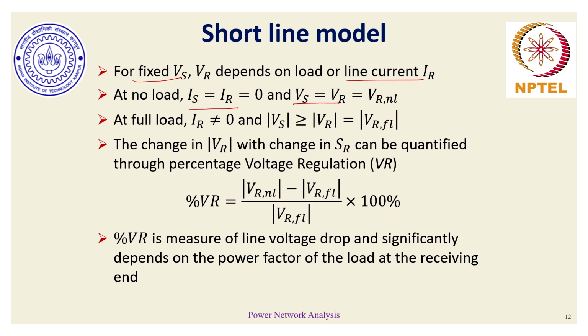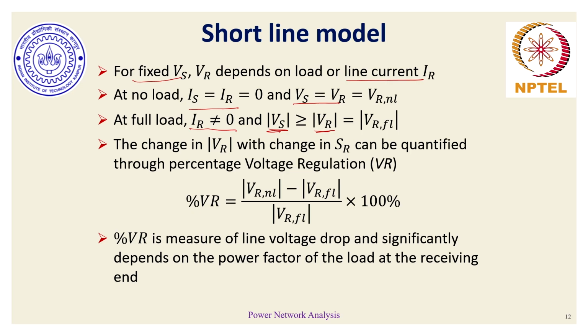At full load or partial load conditions, the receiving end current need not be zero, and usually the sending end voltage magnitude would be more than the receiving end voltage magnitude. This essentially indicates the aspect of the Ferranti effect, which we will talk about at length in the next few lectures, and which is likely not going to happen often, because line capacitance itself is not considered in a short line model.